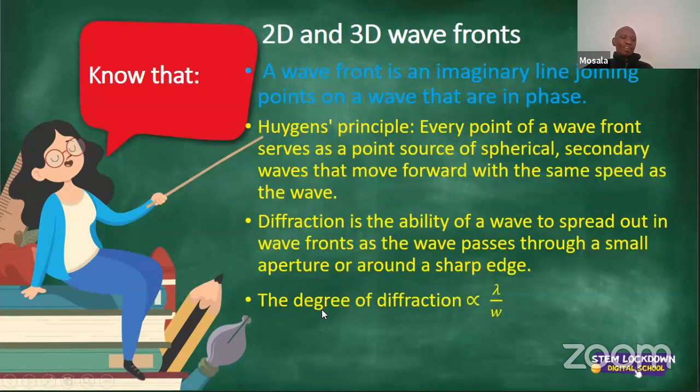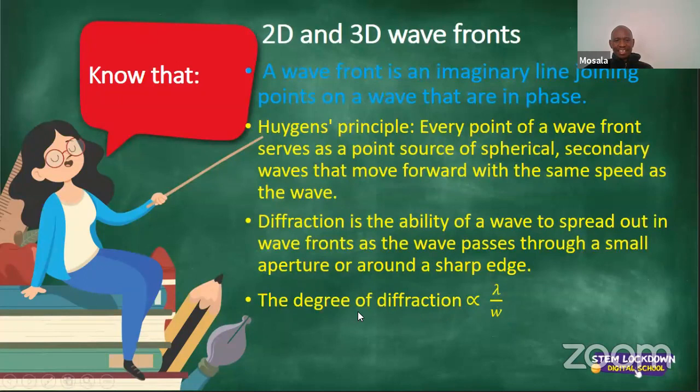Now, the degree of diffraction is directly proportional to the wavelength. That is, light with a larger wavelength will have a high degree of diffraction. And when the slit width, W, is small, then the degree of diffraction will be high.